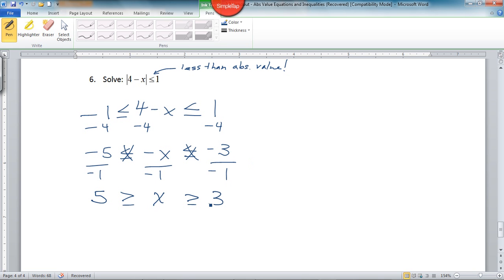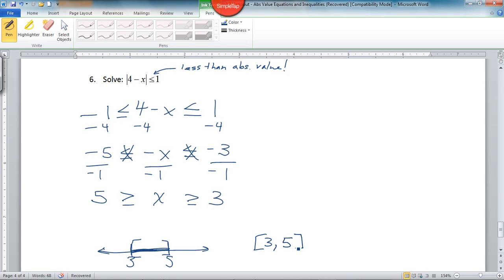What happened was, well, everything switched around, but as we've seen earlier, that's okay because 3 is here, 5 is here, 5 is greater than. That means, again, just everything between the 3 and the 5. We do have the equal to 5, so that brackets that. The equal to 3, so that brackets that. So the interval notation is [3, 5].